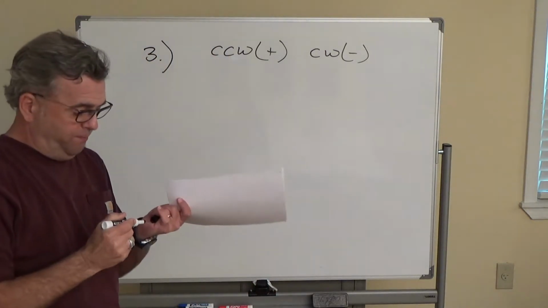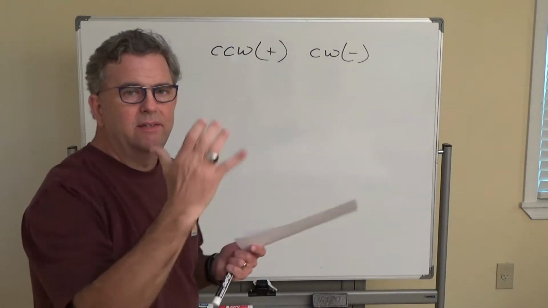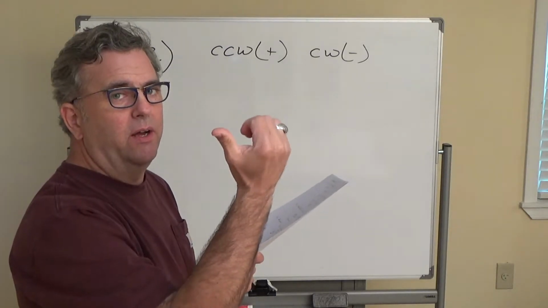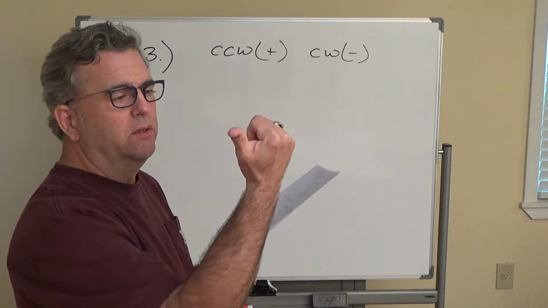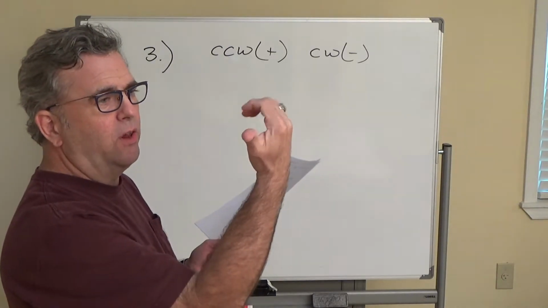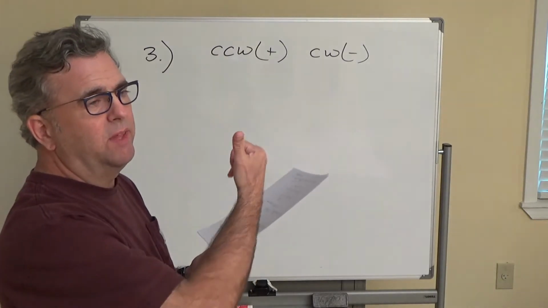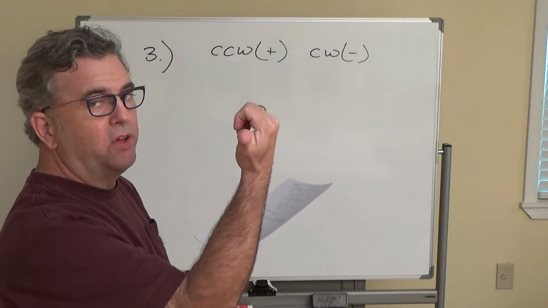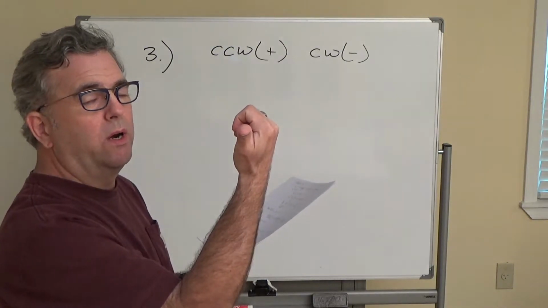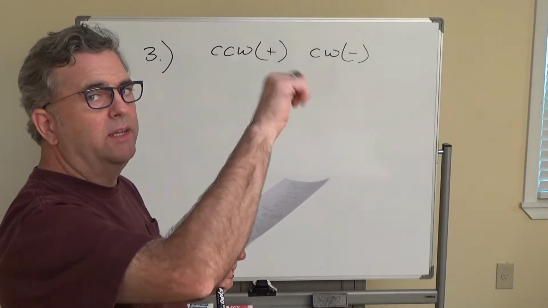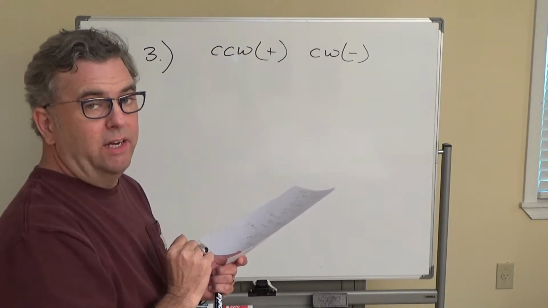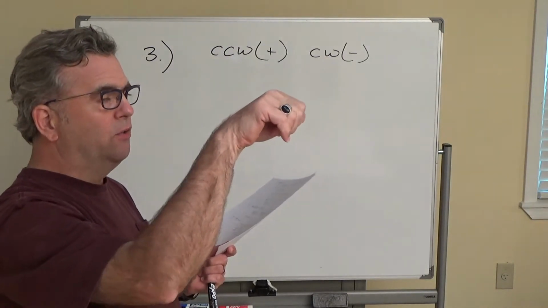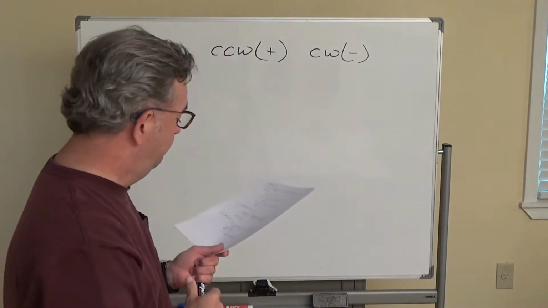You put the fingers of your right hand in the direction of the torque, okay? If it's counterclockwise, that's positive. That would be coming out of the board. Your thumb gives you the direction of the torque. If it's clockwise, that's a negative torque, and your thumb is into the board.